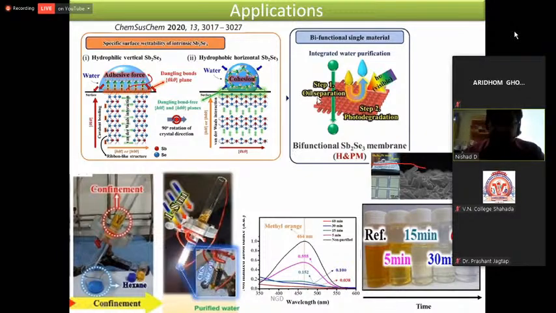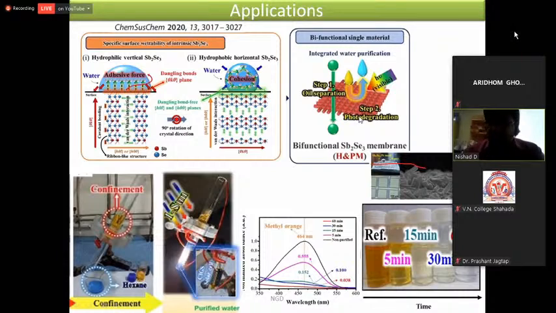oriented surfaces. So what you can see is that when you put oil and water on this surface, it has hydrophobicity towards the water. So on the surface the water will remain while oil will penetrate. So this means you can have a filter now, and this filter is going to be used in such a way that oil will be separated from your water.